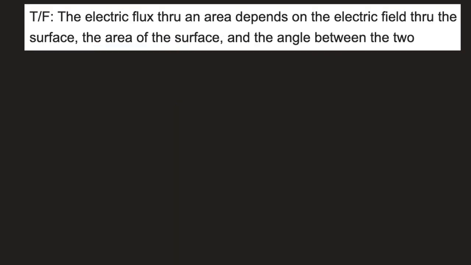All right. True or false? The electric flux through an area depends on the electric field through the surface, the area of the surface, and the angle between the two. The answer to this is true. This is just an expression describing the integral for flux.